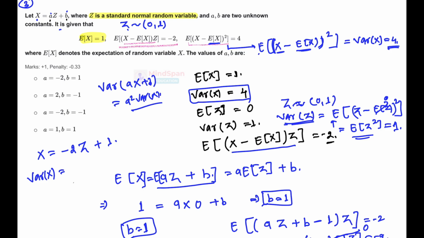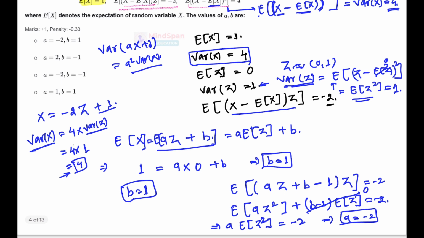So that will be (minus 2) whole squared, that is 4, times the variance of Z, and there will be no effect of this plus 1, and we know the variance of Z is 1, so 4 times 1 is 4, right? So the variance of this random variable X is 4, right?